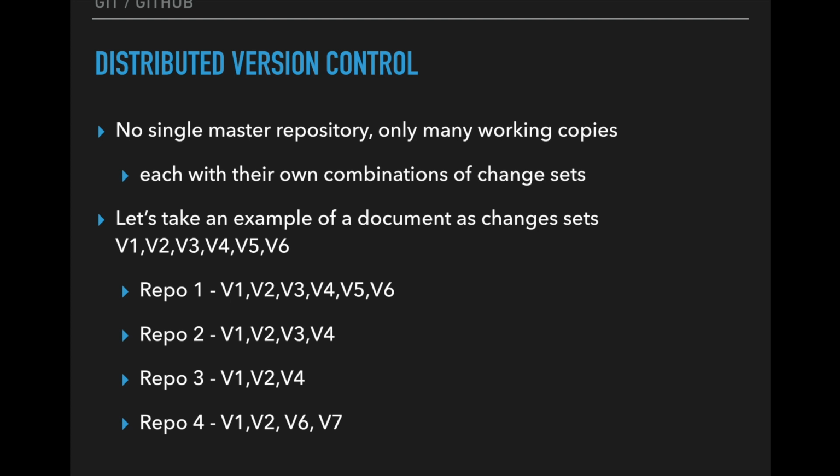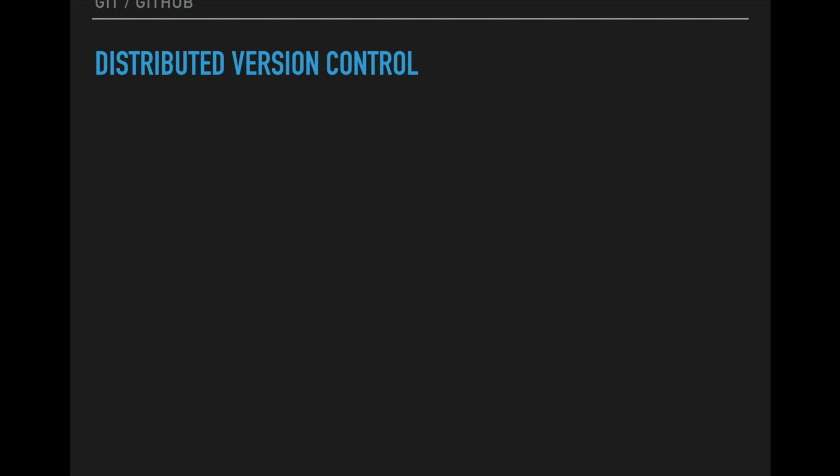Whereas with CVS or SVN, for example, you would need to submit those changes to the central server, and then people would need to pull down those changes to update their versions of the file. Now, by convention, we often do designate a repository as being a master repository, but that's not built into Git. It's not a part of Git architecture.